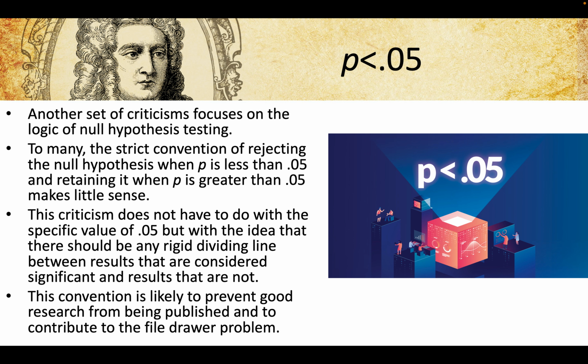This criticism does not have to do with the specific value of 0.05, but with the idea that there should be any rigid dividing line between results that are considered significant and results that are not. This convention is likely to prevent good research from being published and to contribute to the file drawer problem.